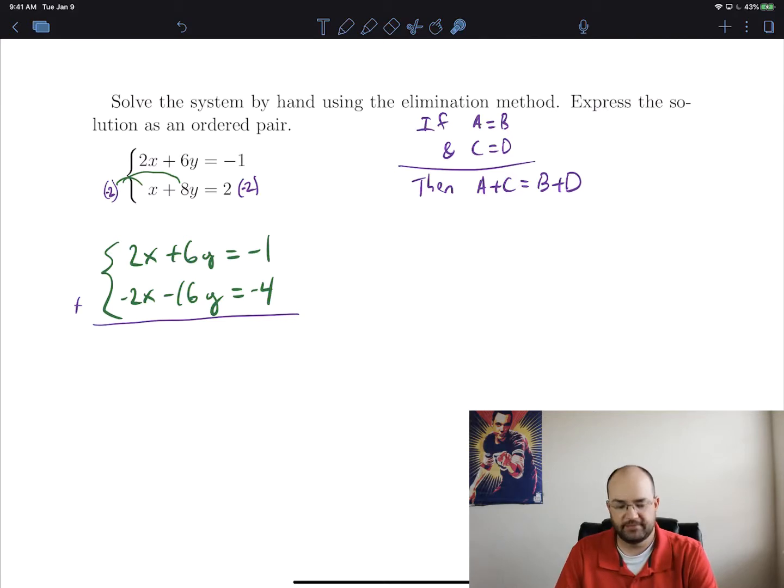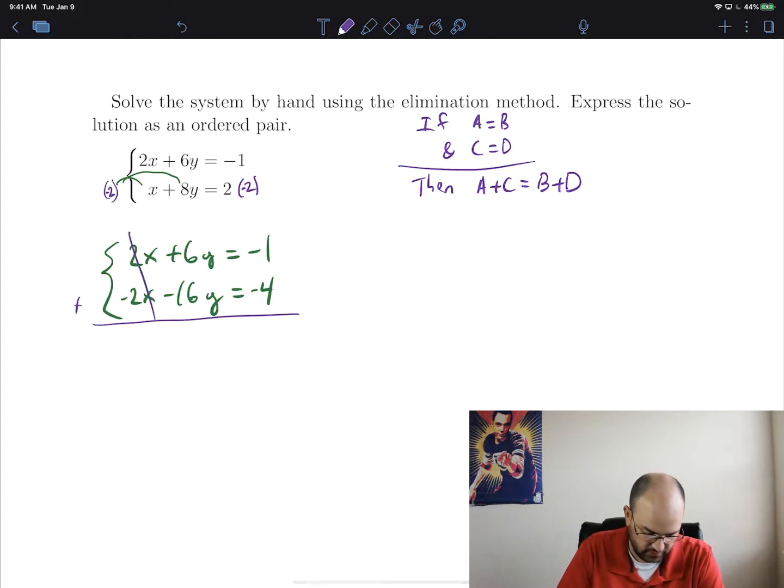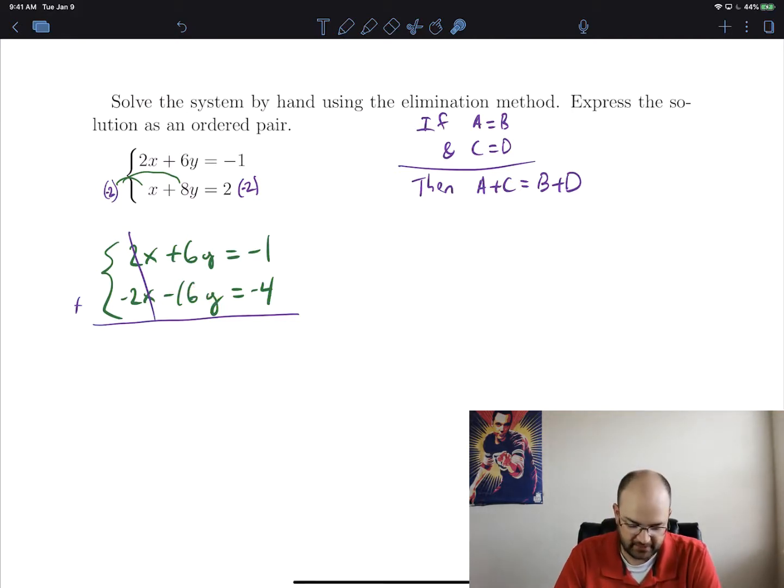And notice that when we add these together, the x's go away. The x's are canceling each other. They're gone. But the y's stay there. We have 6y minus 16y. Well, 6 minus 16 is negative 10.